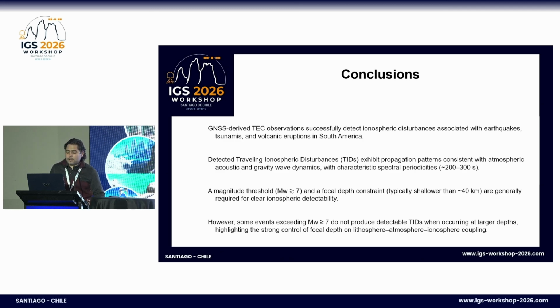This is very important because these characteristics are only in this regional location. However, some events exceeding this magnitude do not produce detectable TID when occurring at a larger depth, highlighting the strong control of the focal depth on the lithosphere-atmosphere-ionosphere coupling.